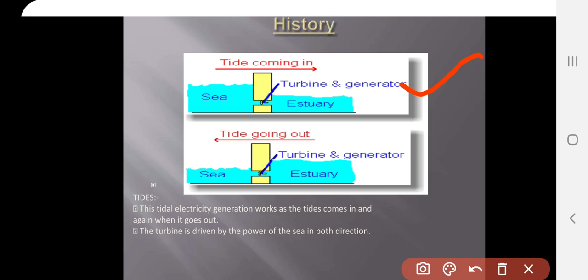In this system, when the tide is coming in, this is the turbine and generator position, and when the tide is going out, this is the position of the turbine generator and estuary. The turbine is driven by the power of the sea in both directions. The tidal electricity generation works as the tides come in and again as they go out.